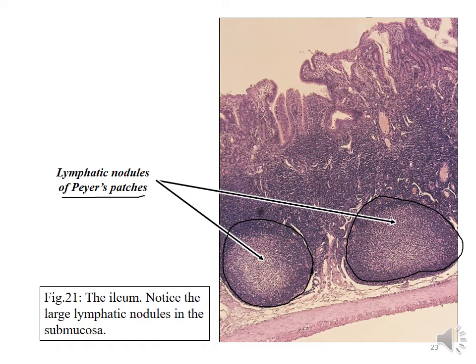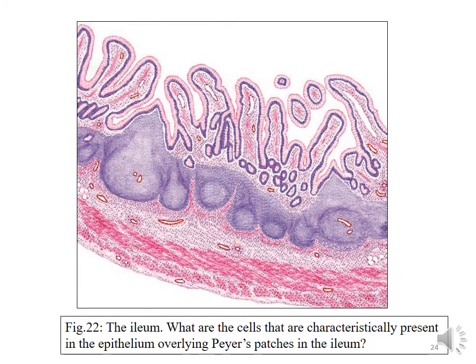So this is the characteristic feature of the ileum. This is another image. Here we have the mucosa, here we have submucosa and the muscularis externa, and the outermost layer is the serosa. Again, we can see in the submucosa we have the numerous lymphatic nodules.